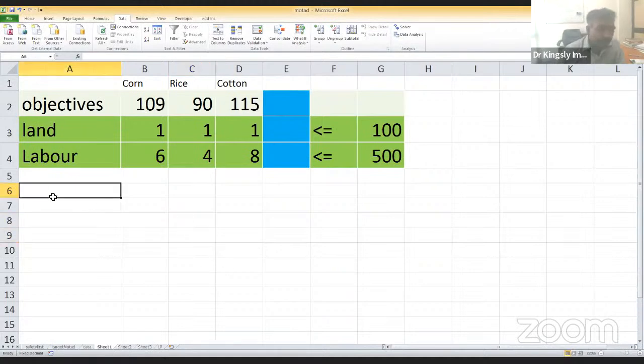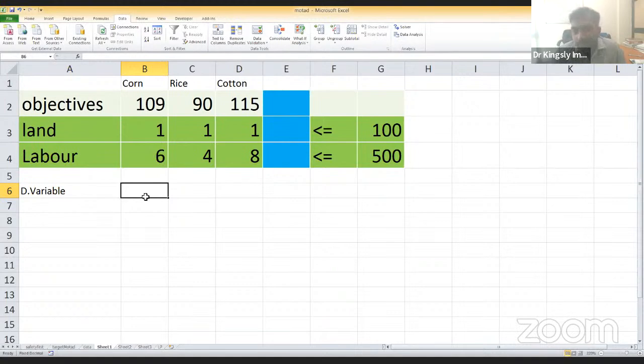I hope in all these figures you don't have any doubt. I'm going to the next line, decision variable.